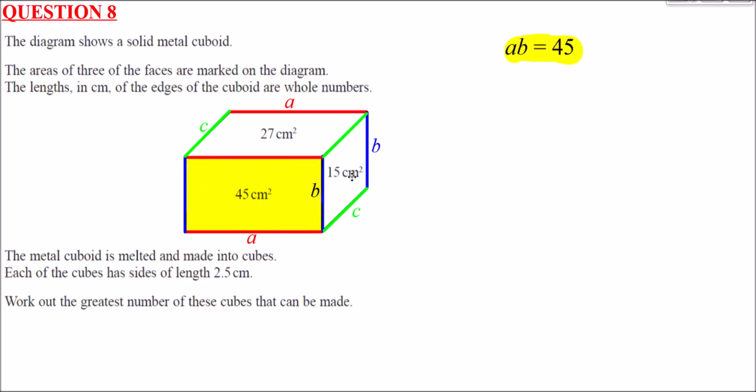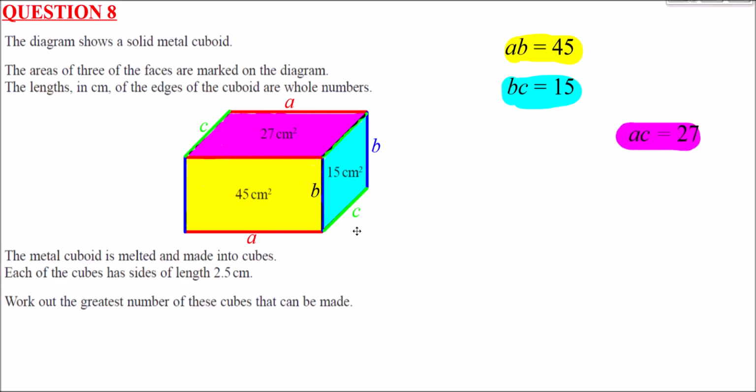This side face has an area of 15 cm squared, so B times C, BC, must be 15. And finally, this top face, which I'm going to highlight in purple, has an area of 27 cm squared, obtained by multiplying A by C, so AC is 27 cm squared.